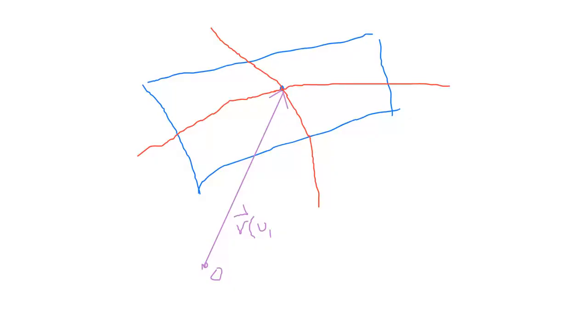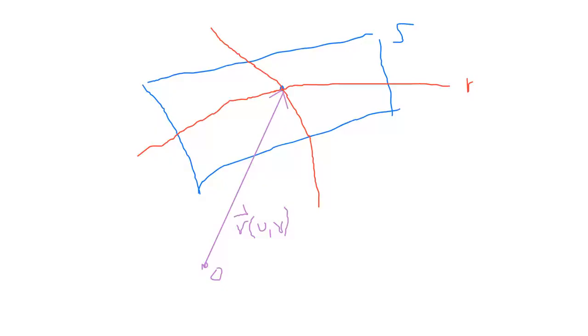If we think about the origin here, we can draw a vector R of u and v that traces out this surface S. If we hold one of the variables constant, we'll get a space curve.